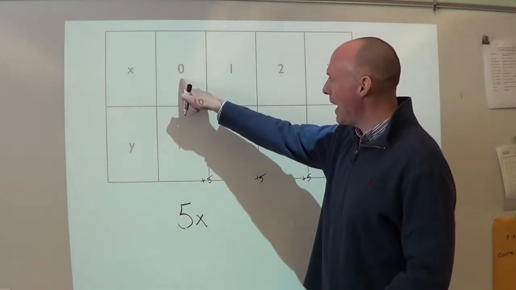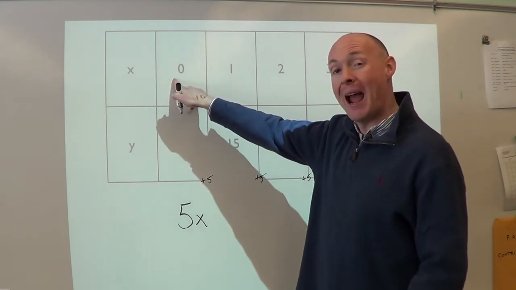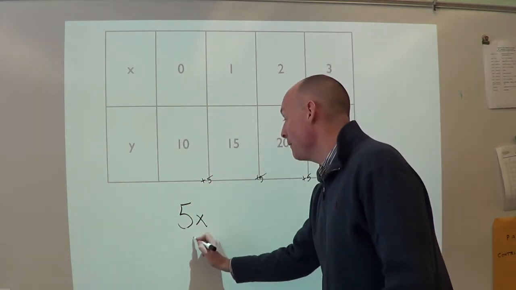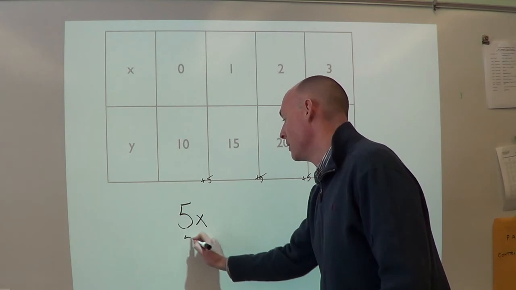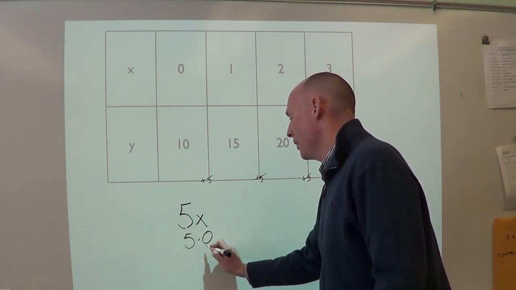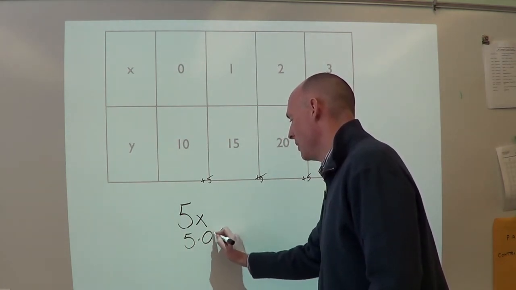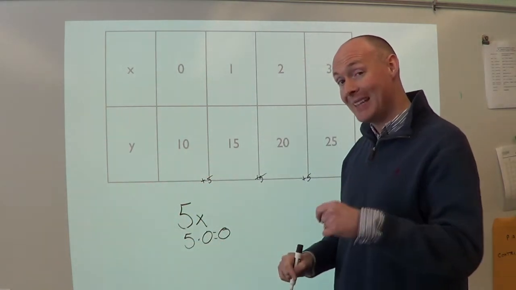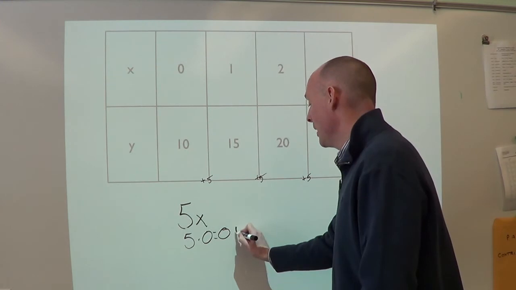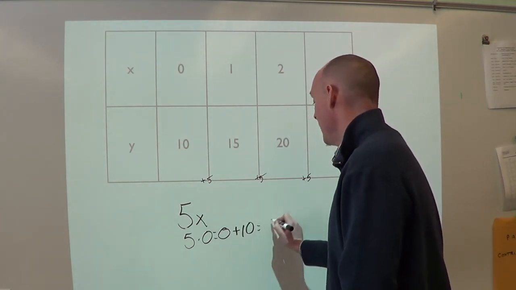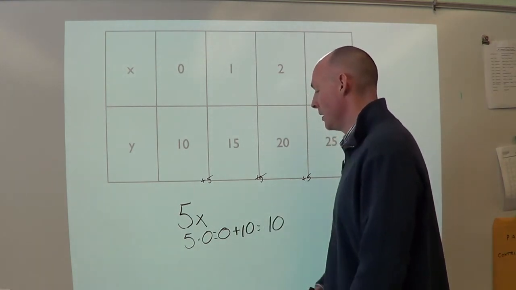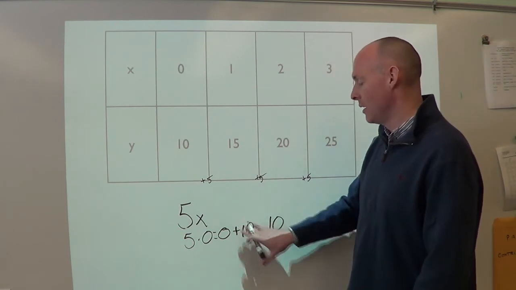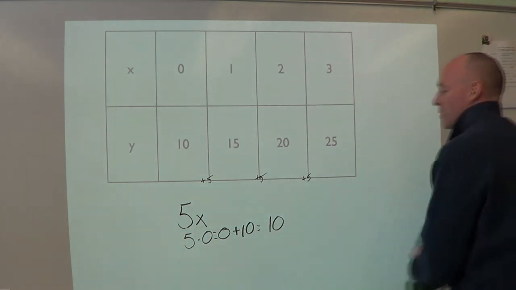If I just do 5 times x, and my x is 0, it's going to be 5 times 0. Well, that's just 0. But how do I get to 10? Maybe add 10? 0 plus 10? Ooh, that gives me 10. So let's see if this works.